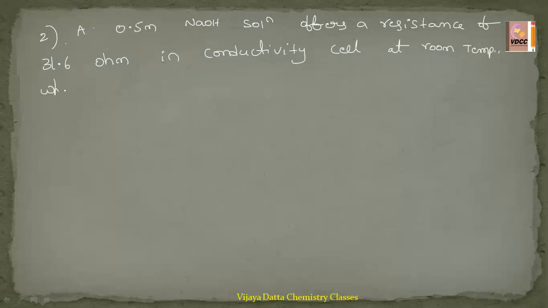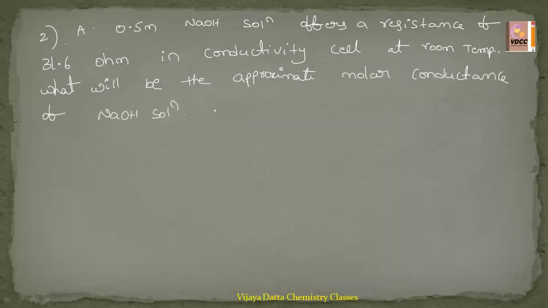What will be the approximate molar conductance of the NaOH solution if the cell constant of the cell is 0.367 centimeter inverse?